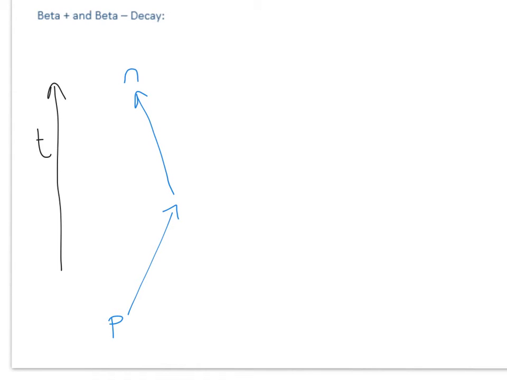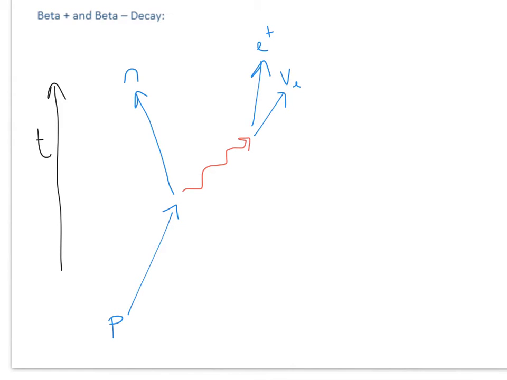Now at this point is where we need to show the interaction line, and because decays take time, the interaction line should be angled up like this. Now out of here should come your positron and also your electron neutrino.